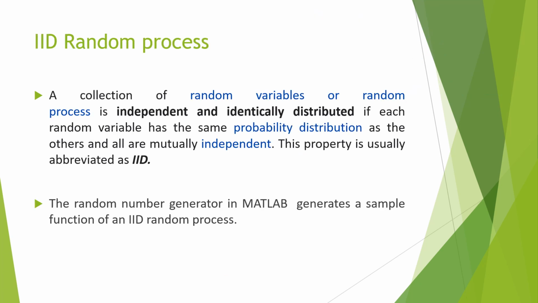Now we define IID random process. What is IID random process? It is known as independent and identically distributed random process. What does it mean? If all random variables have similar probability distribution and all of them are mutually independent, then those random processes are known as IID, that is independent and identically distributed.